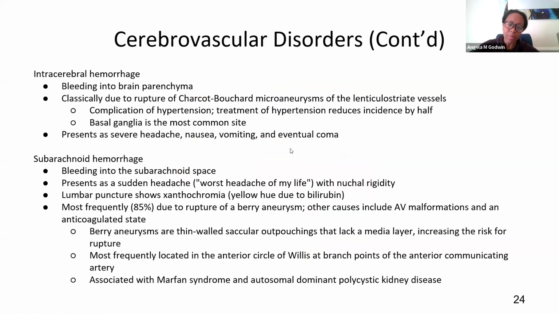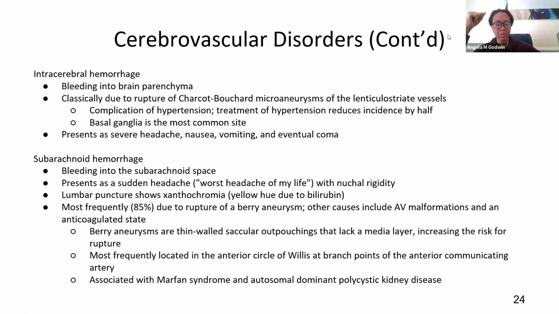Now, compared to that, subarachnoid hemorrhage leads to bleeding in the subarachnoid space. Think about anatomically where that is: you have the arachnoid layer. These are people who present saying, this is the worst headache of my life. There is some overlap with how someone might present with meningitis, because these people can also have nuchal rigidity.